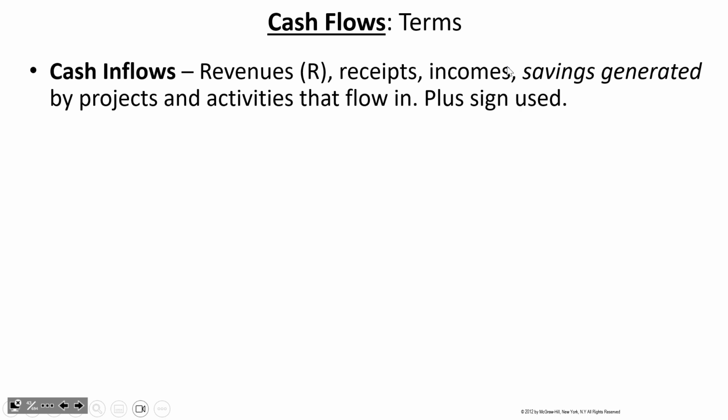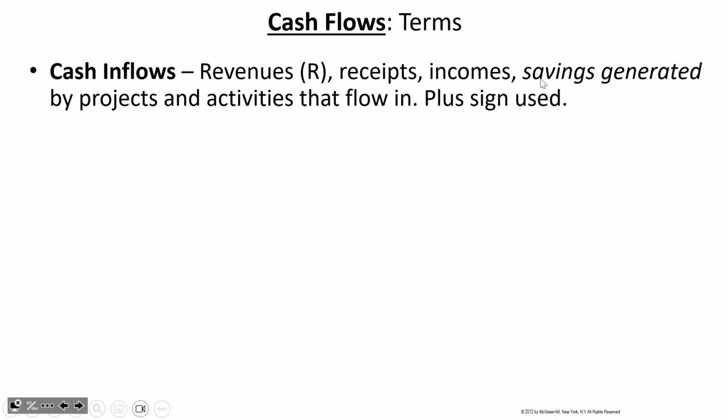If an organization used to be spending money on something, but then they did some improvement to reduce those expenses, then that also is classified as an inflow. So for example, if there was a warehouse that was poorly insulated and they were spending a lot of money to heat the warehouse, but then they put insulation in the roof and suddenly their heating bill goes down.